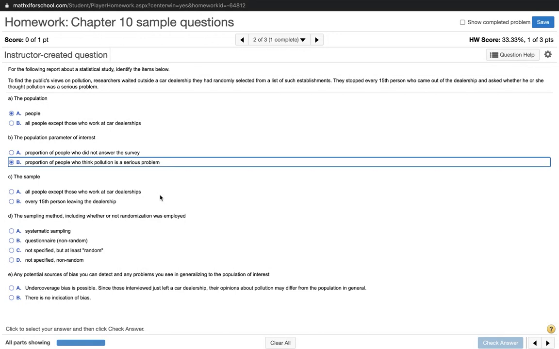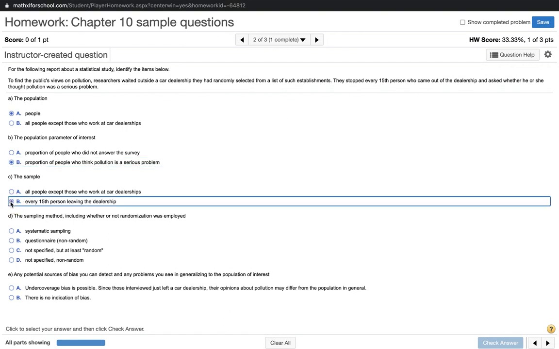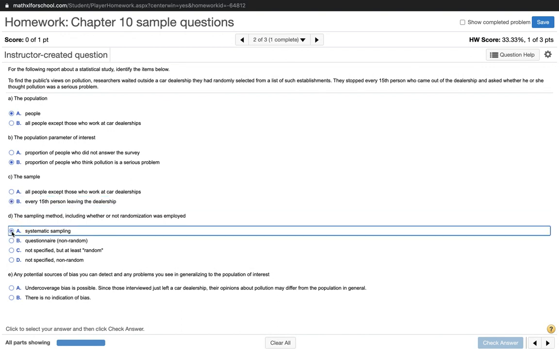We already established that doesn't make sense. Every 15th person leaving the car dealership. Well, that clearly says so in that last sentence, so that is going to be the sample.